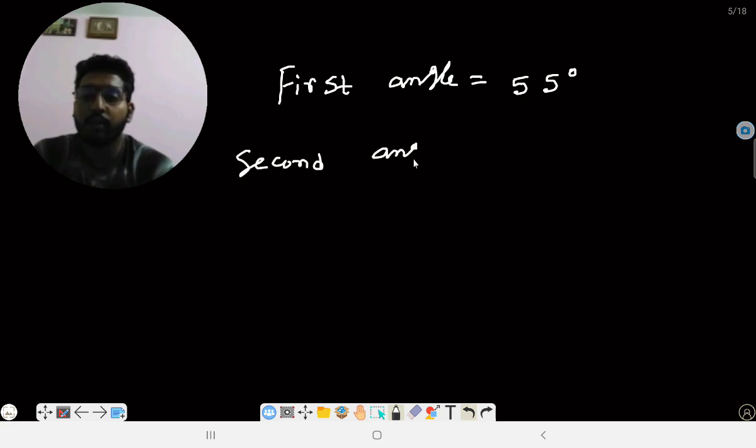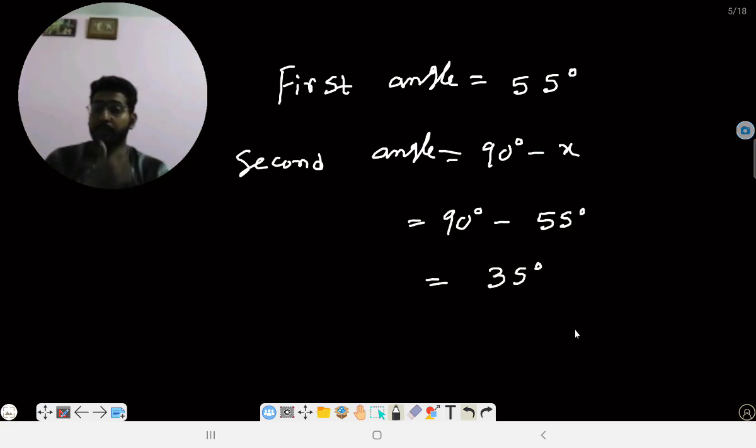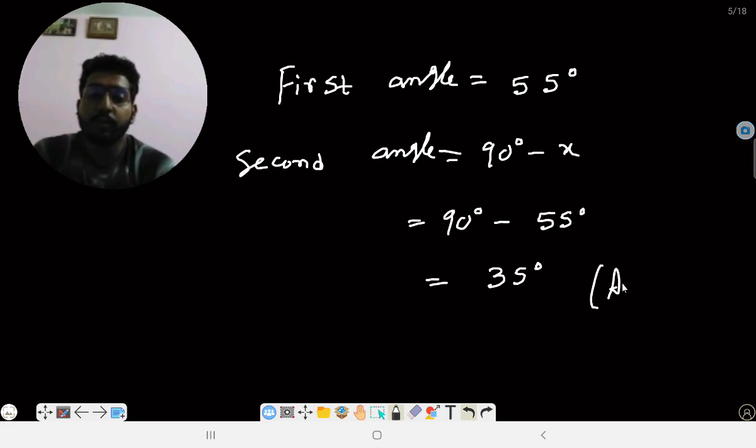That will be the answer. The first angle is 55 and the second angle is 35. You can see 55 and 35, the difference is 20. So this is the way.